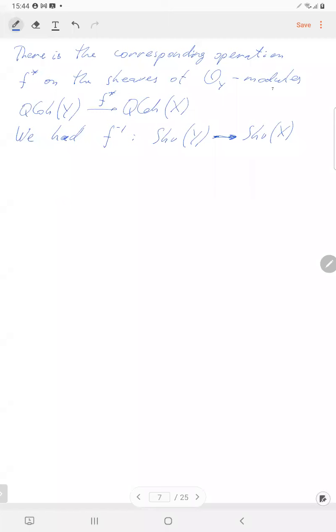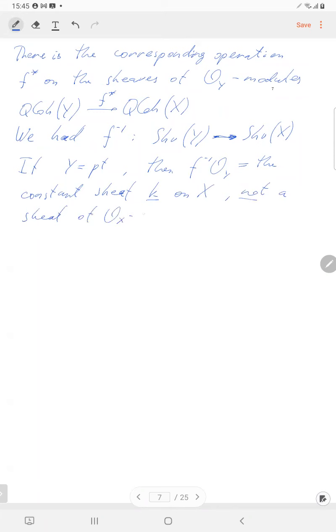For example, if Y is just a point, then F inverse of OY will be just the constant sheaf K of our base field K, the constant sheaf with coefficients in K. And then its pullback will be again a constant sheaf, say K underline on X. So it's not a sheaf of OX modules.